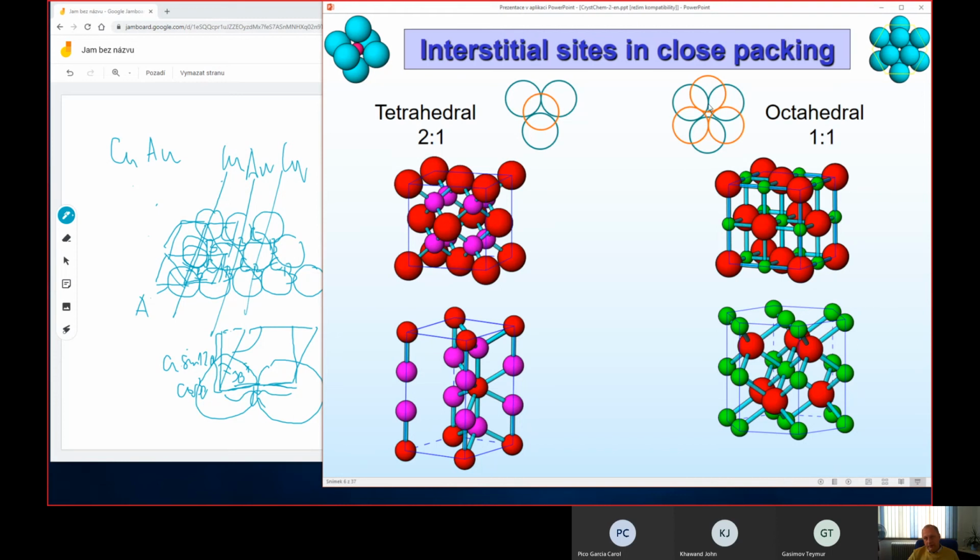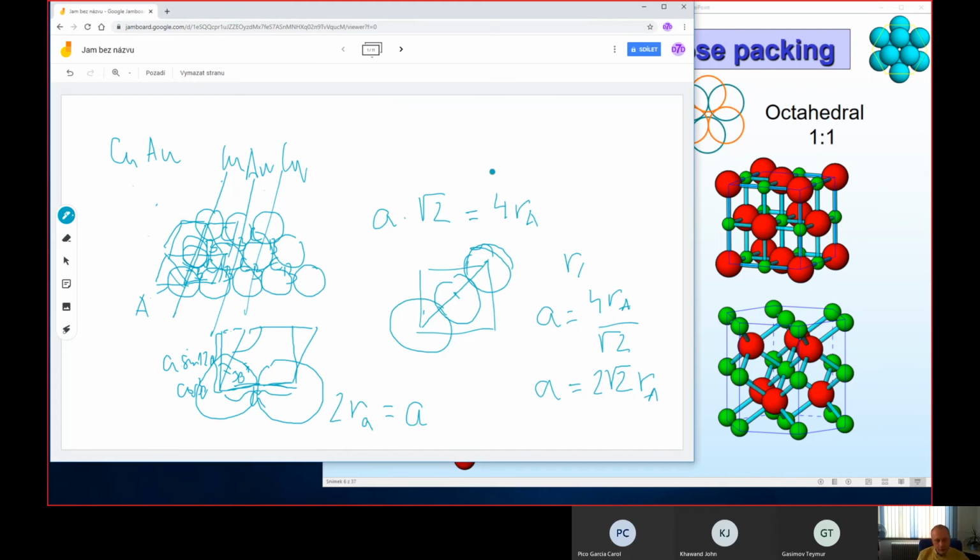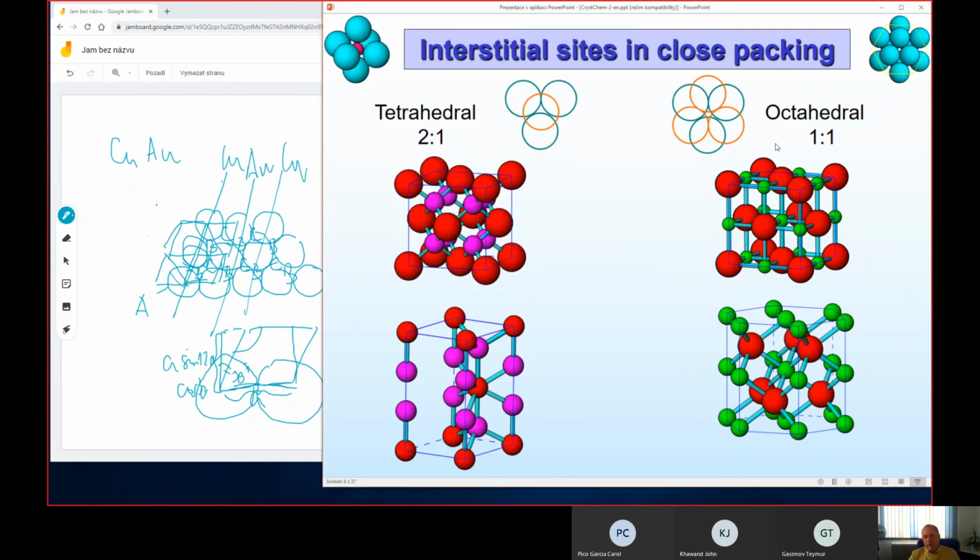Now we look at the octahedron from one of the faces. So if you draw an octahedron like this, then if you look from this direction, you have 3 atoms here and 3 atoms in staggered coordination, so rotated by 60 degrees compared to the upper triangle.